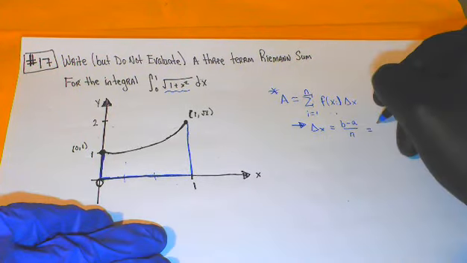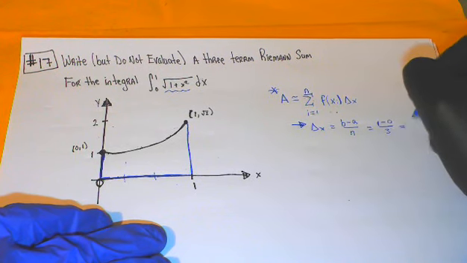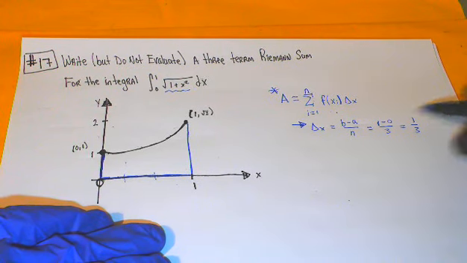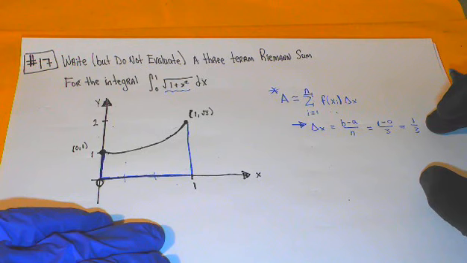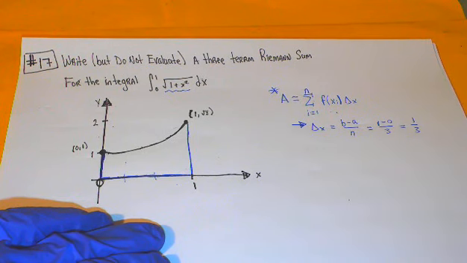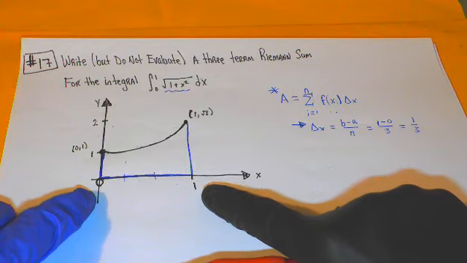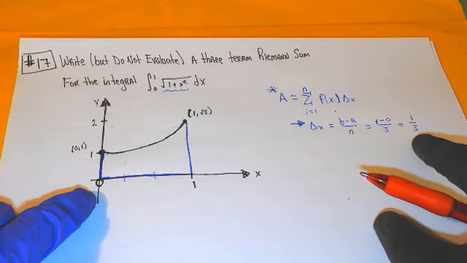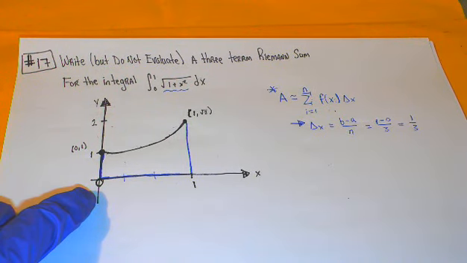So delta x is 1 minus 0 over 3, which is 1/3. So the width of each rectangle is going to be 1/3, but at the same time, it creates the subintervals for us, right? Remember, if you have this main interval from 0 to 1, your delta x basically splits your main interval into subintervals.